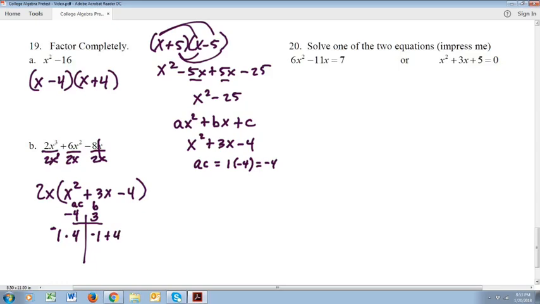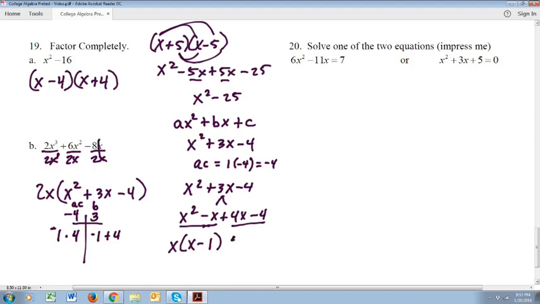So we're going to go ahead and split our b term. We get x squared plus 3x minus 4 becomes x squared minus x plus 4x minus 4. And then we factor by grouping. We can group the first two terms here, and we get x times x minus 1. And if we factor out a 4, let's see, I need an x, I'll get x minus 1 here.